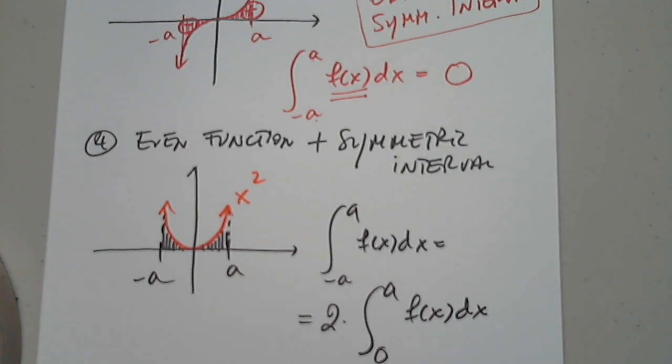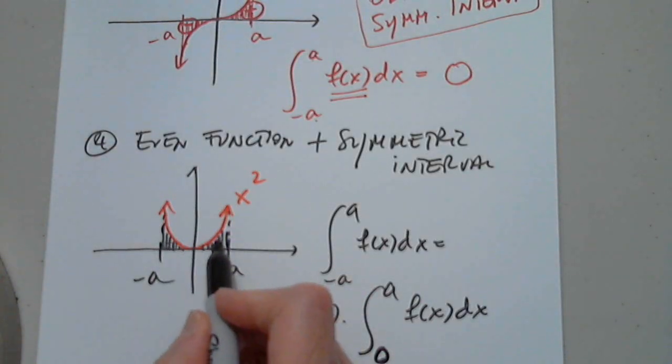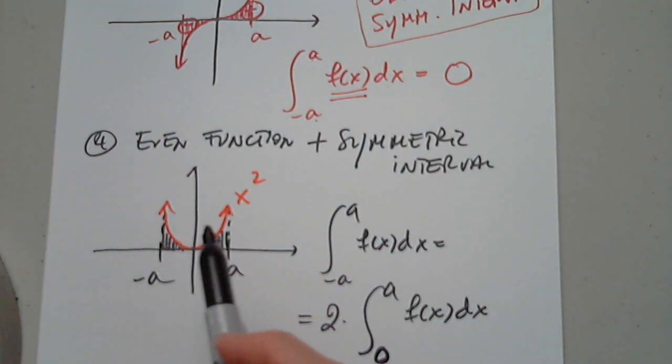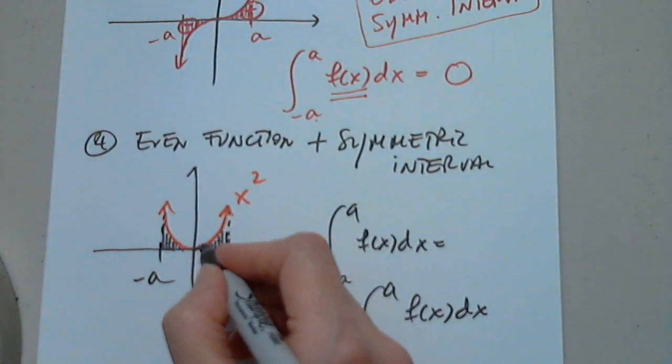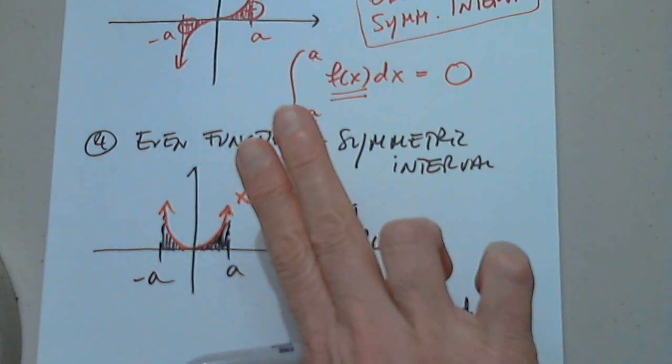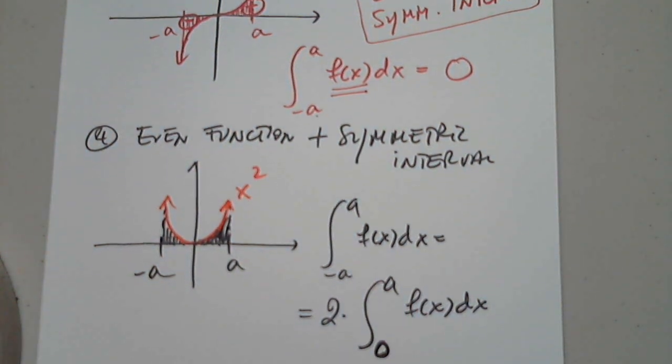Perfect, indeed. 2 times the integral from 0 to a of f of x dx. It is always easier to calculate an integral starting with 0 than one starting with negative a or negative 5. Since the areas are both positive and equal, I would just put 2 in front because there are 2 pieces, and I will only calculate this area and simply multiply by 2 at the end.